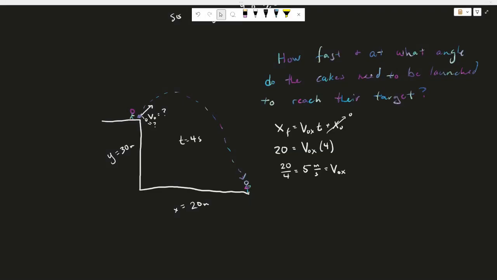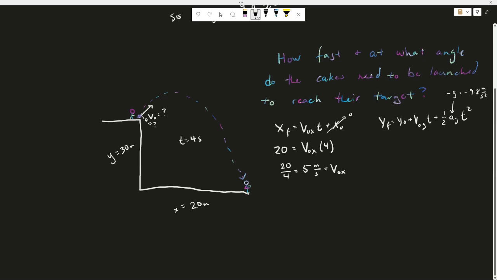So in the y direction, I do have an acceleration that I have to deal with. So I'll get y final equals y initial plus v naught y t plus 1/2 a_y t squared. And I know that a_y is going to be minus g, or minus 9.8 meters per second squared, because that's the acceleration due to gravity.